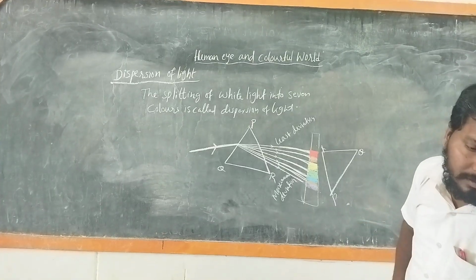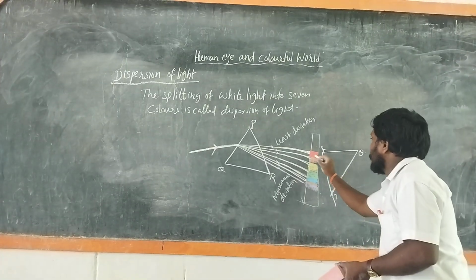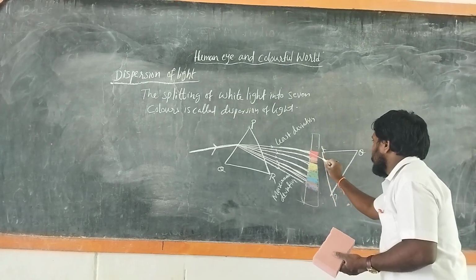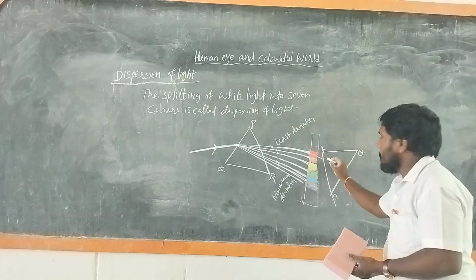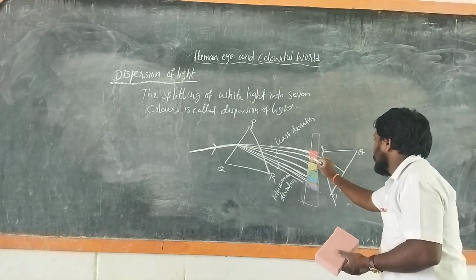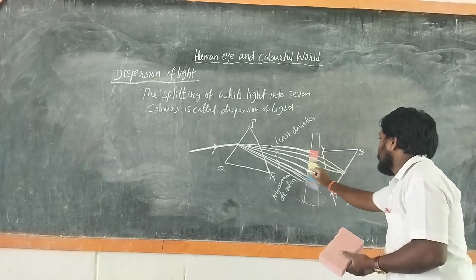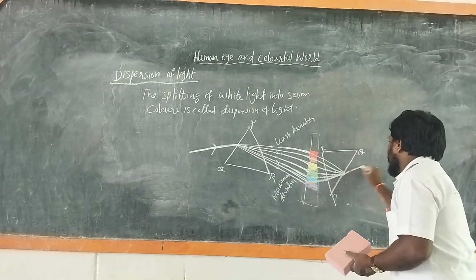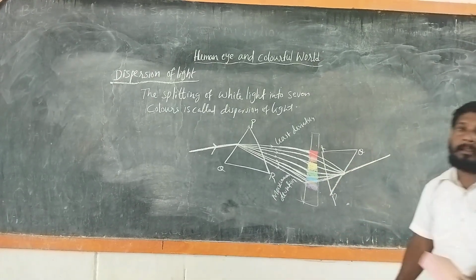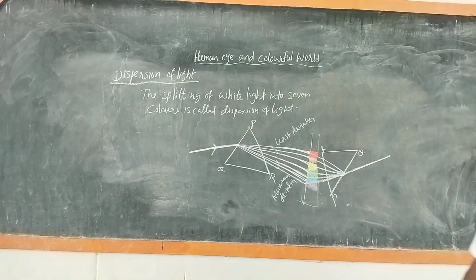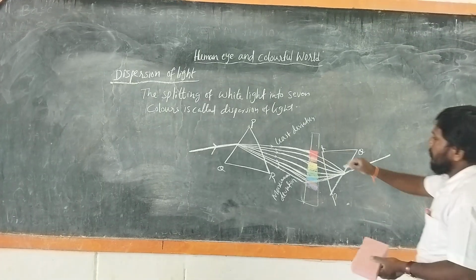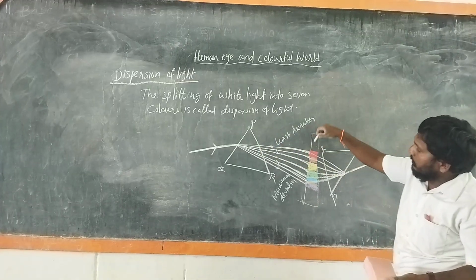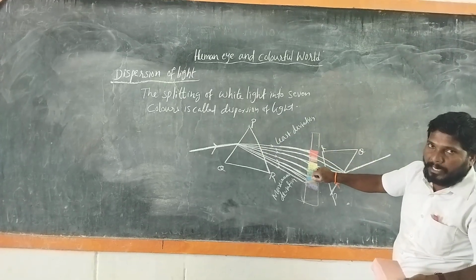So more deviation, red. And only the white light comes again. Due to the splitting of white light in a prism, it forms 7 colors of spectrum.